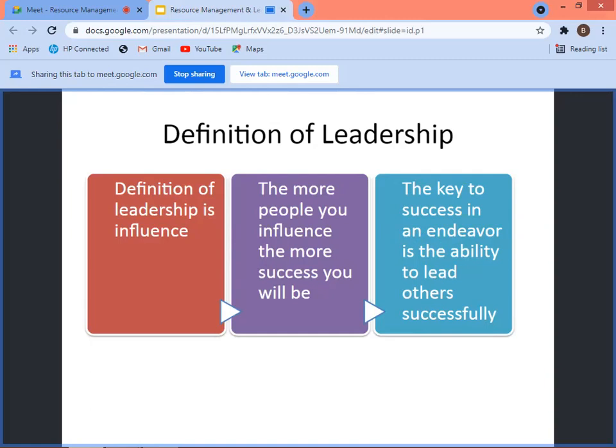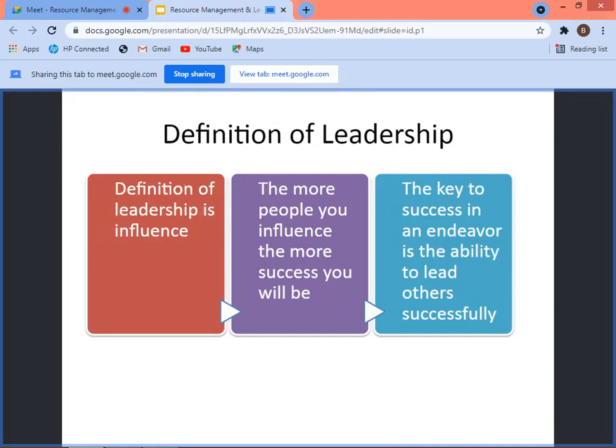That's not a good idea. You have to share because you want them to be successful. If they become successful, you will also become successful yourself as a leader, as a manager. You have to share. That is one of the most important values in the workplace, in an organization.